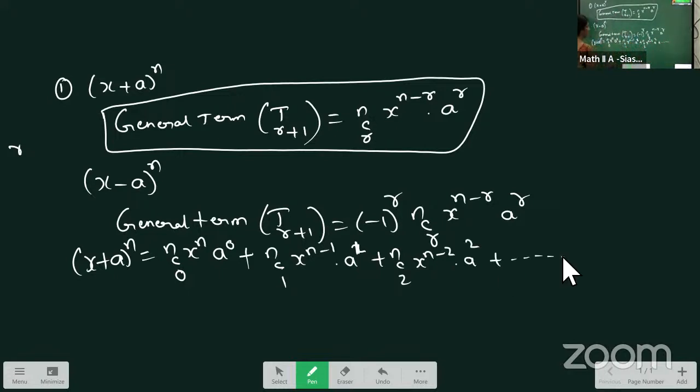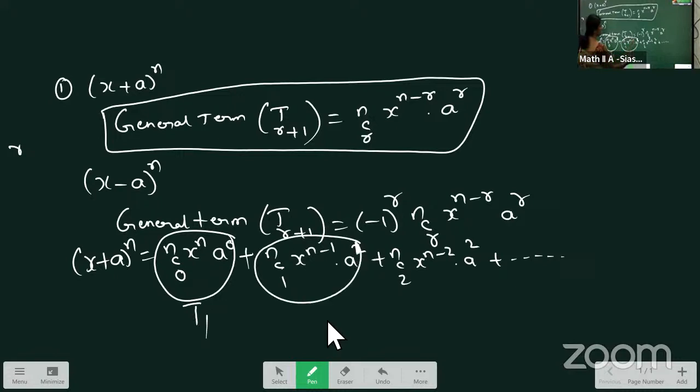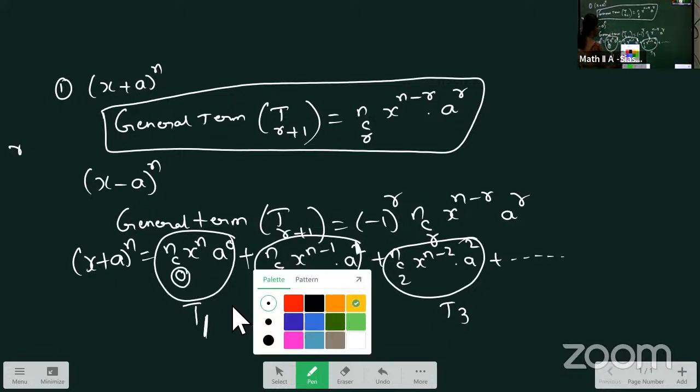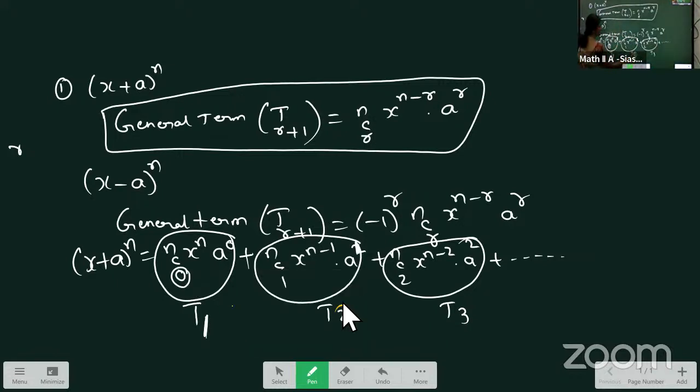Here, if you observe, this first term we call the first term, denoted by T1. And this is the second term, denoted by T2. This is the third term, denoted by T3. You might have observed that for T1, nC0 is there. If it is T2, nC1 is there.